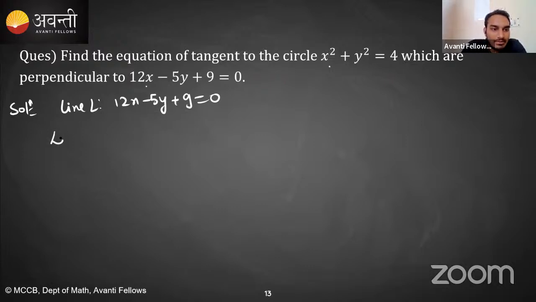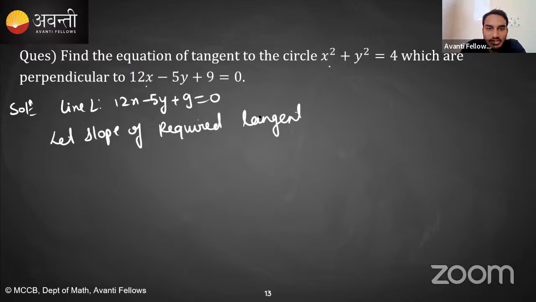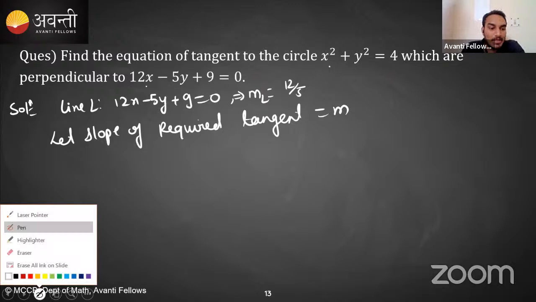So let the slope of the required tangent be m. Clearly, the slope of this line L is minus coefficient of x upon coefficient of y, which is 12 by 5. And these two lines are perpendicular.